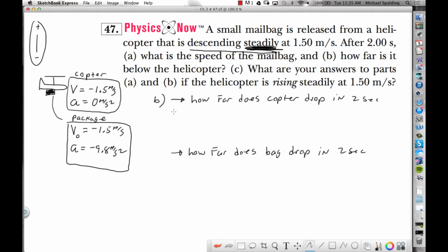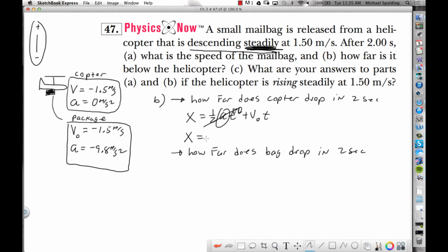Because they have different accelerations. So finding how far the helicopter drops in 2 seconds, we go x equals 1/2 at squared plus v initial t. What's the acceleration of the helicopter? 0, because it's moving at a steady speed, not going faster, not going slower.